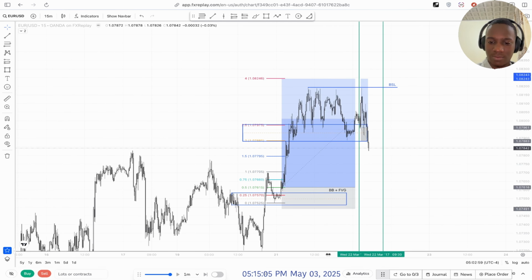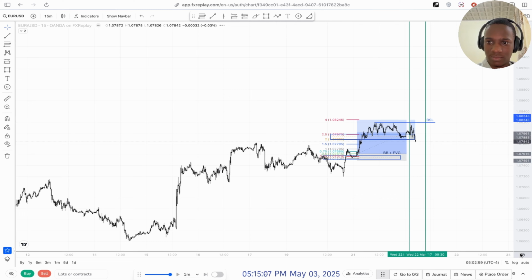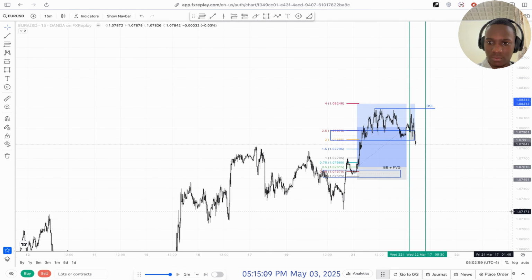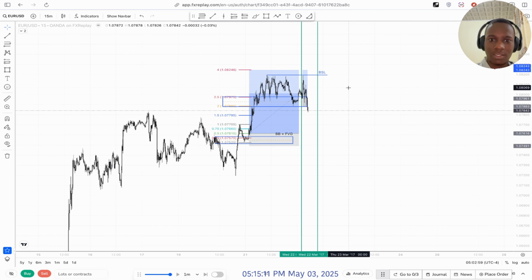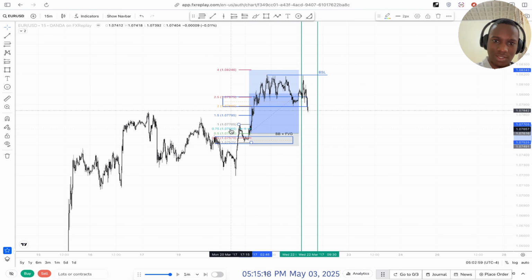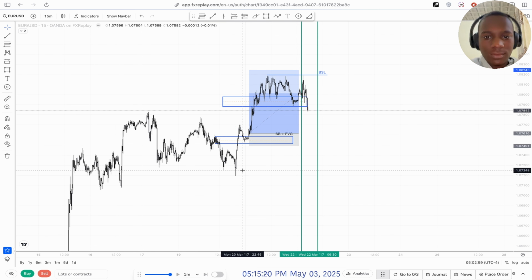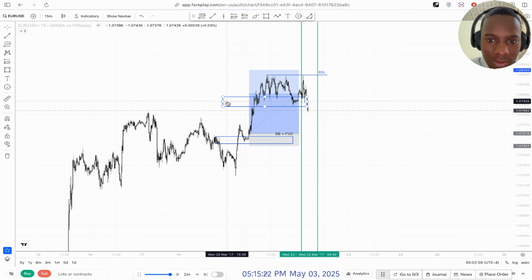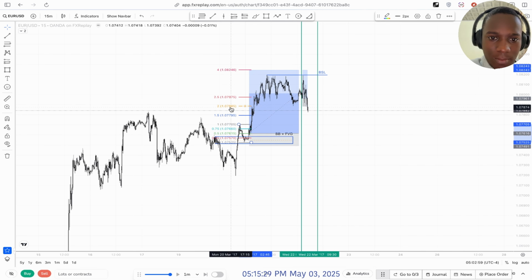Okay, so you can see buy side liquidity right here. And let's remove these trades. Actually, this one, let's remove this 50. So this one I had marked out was the 2 to 2.5. So you can remove it now.